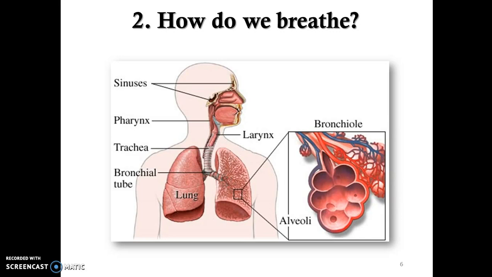And so it's important to remember that inside the lungs, all of our lung tissue is made up of these bronchioles branching off with the air-filled sacs, the alveoli, and then the blood vessels around the alveoli are where we're able to absorb those gases, like the oxygen that we get from the air we breathe, into the bloodstream. So we need those blood vessels there to get that oxygen from our lungs.